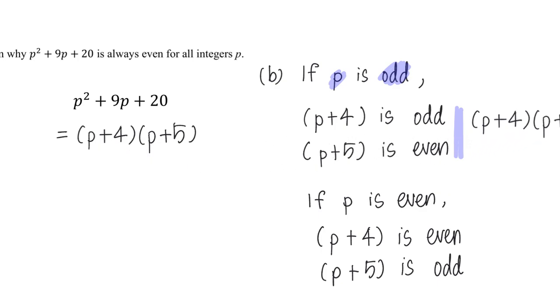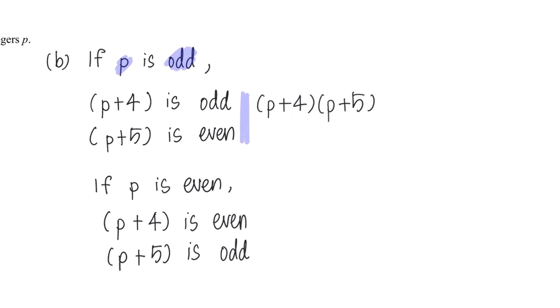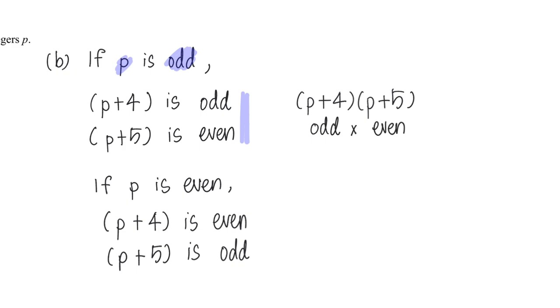This will be an odd number multiplied by an even number, which will be equal to an even number.